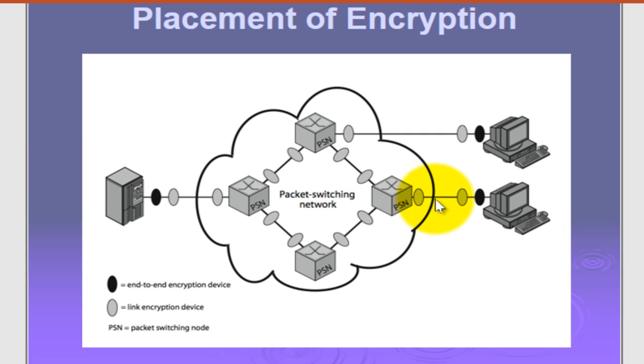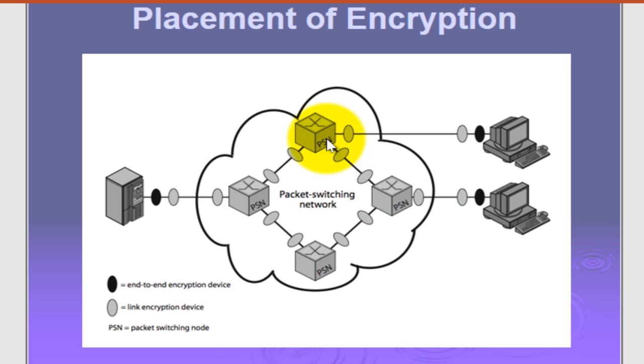But for the same data to transfer through the network, various link encryptions are placed. For this workstation and this first packet switching network, there is one link. For this link, they use one pair of keys. For transferring data from this workstation to this packet switching network, they use one pair of keys, and from this packet switching network to the next packet switching network, they use another link.